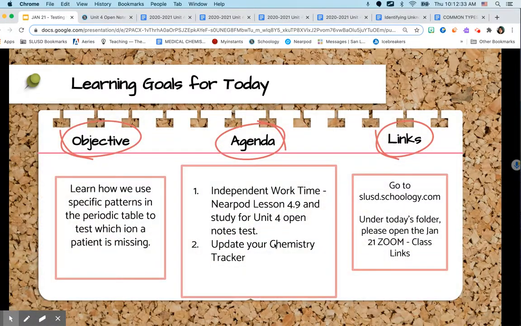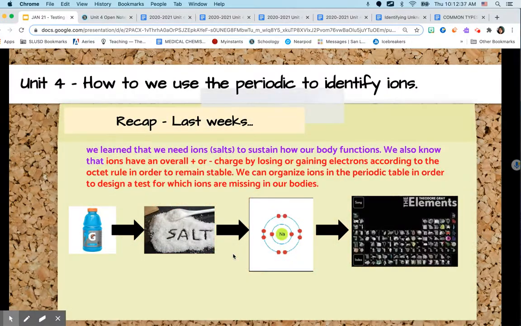So today we're talking about lesson 4.9, and we're also reviewing for our Unit 4 exam. In the past couple weeks, we learned that we need ions or salts to sustain how our body functions. We also know that ions have an overall positive or negative charge, and this occurs when they gain or lose electrons in order to remain stable.